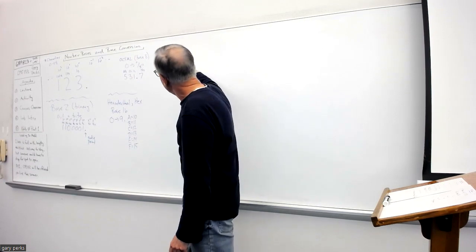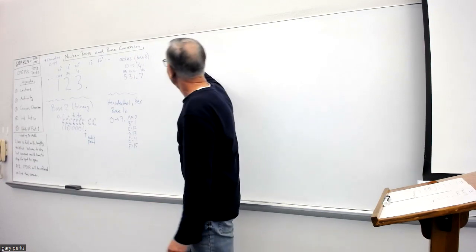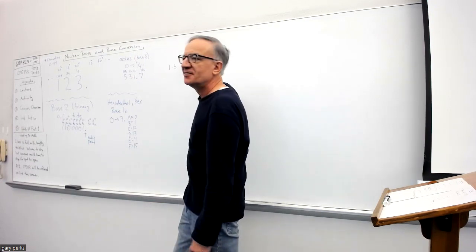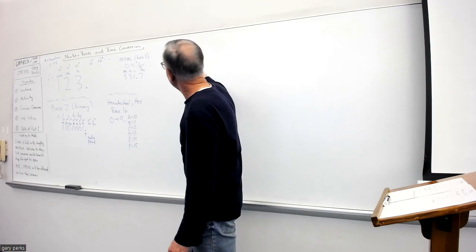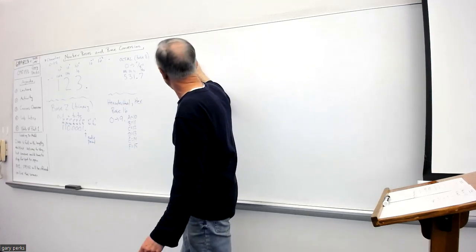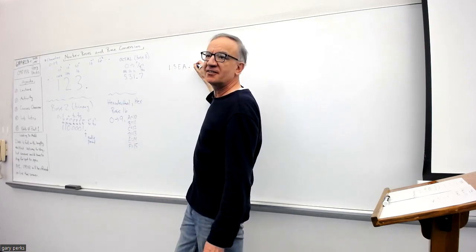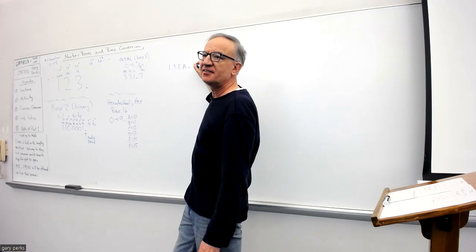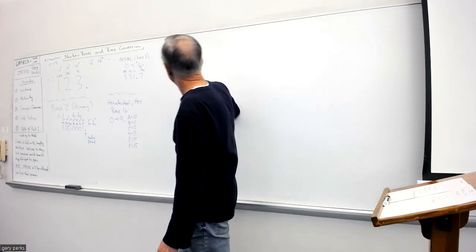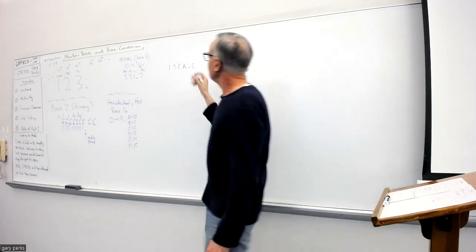Then what? 5. Okay, how about some letters? E. Okay. What was over here? A. And then the radix point, and then give me another character. C. All right.